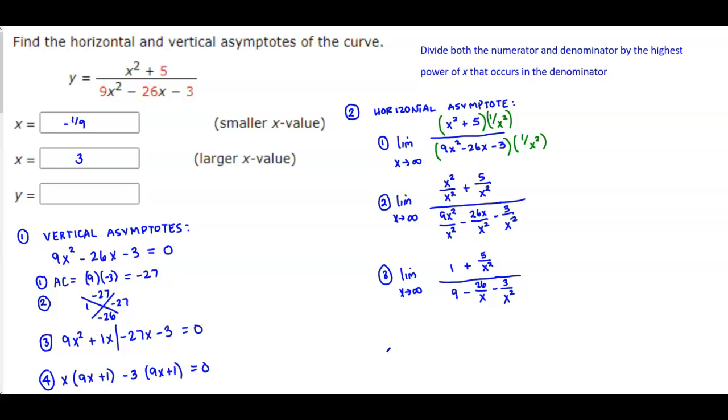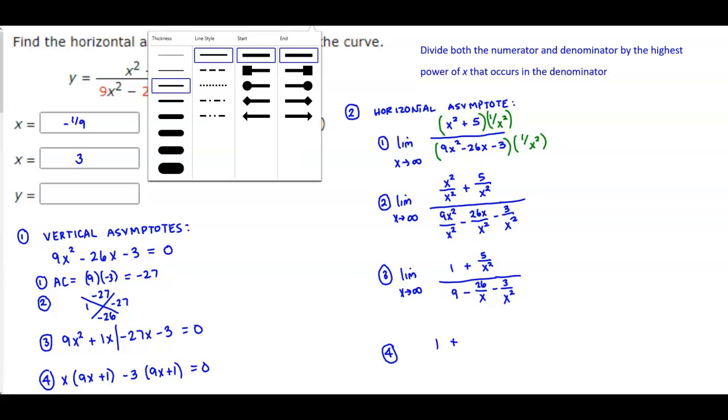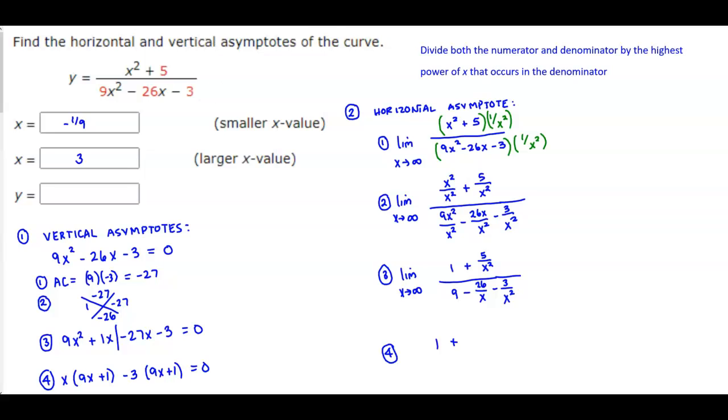So now we're going to evaluate this limit as x is approaching infinity. Well, 1 is a constant, so we have 1 plus, well, if we write 5 over infinity, 5 over infinity is going to equal 0.